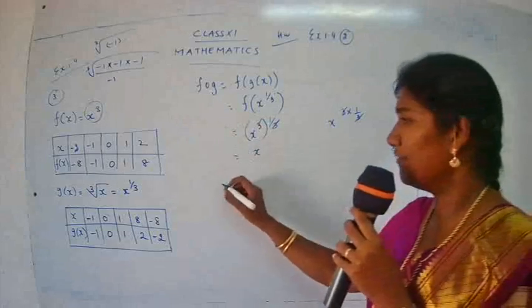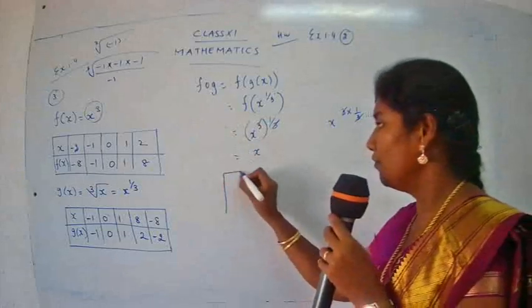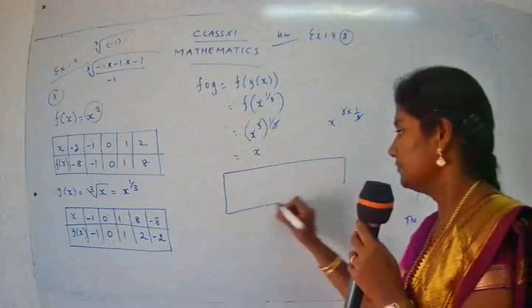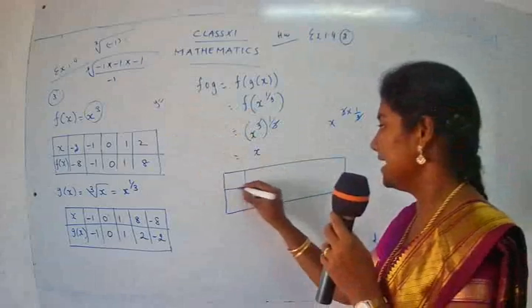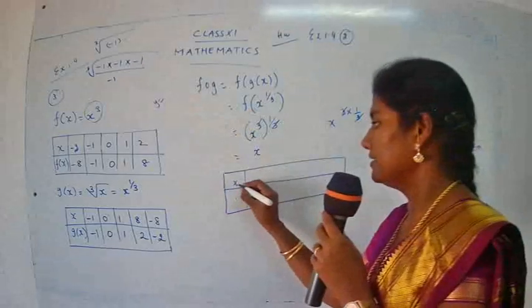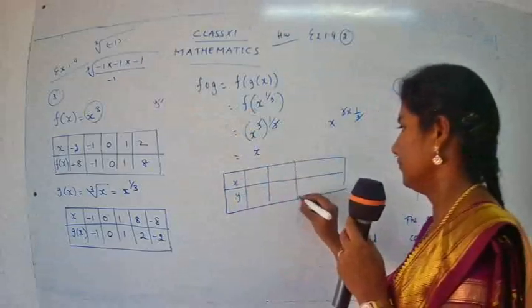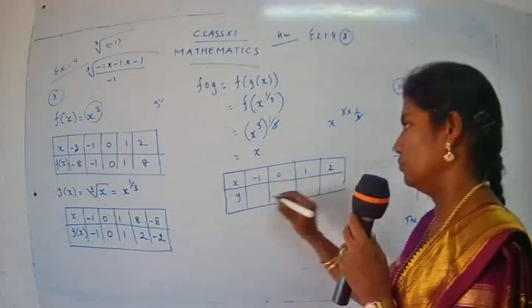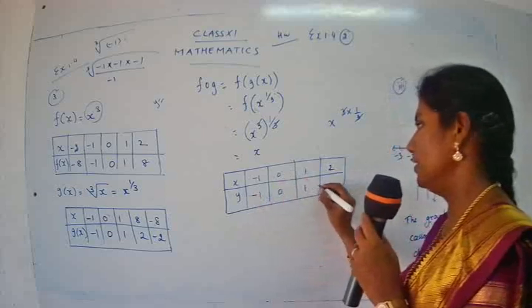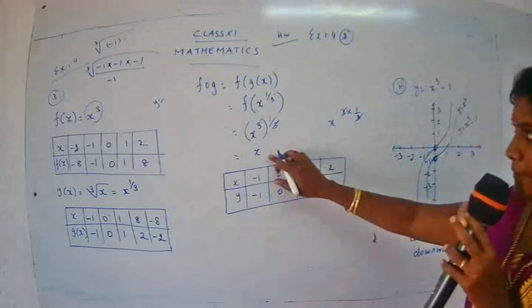X means what? You have to plot a table for y is equal to x. We write the function as y is equal to f of x. So x and y: minus 1, 0, 1, 2 and 1, 0, 1, 2, because it's the same x.